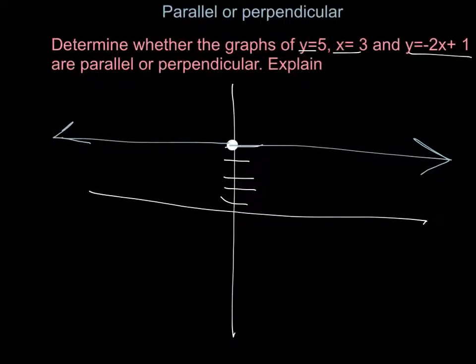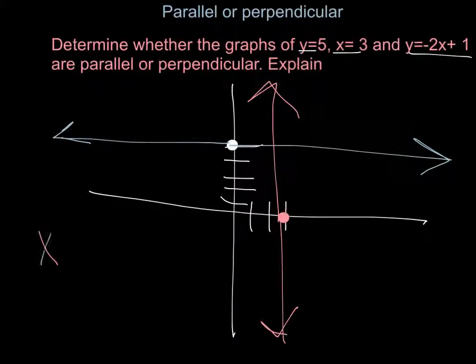If we wanted to graph the line x = 3, that line would look something like this. So right there, you would be able to say that x = 3 and y = 5 appear to be perpendicular to each other.